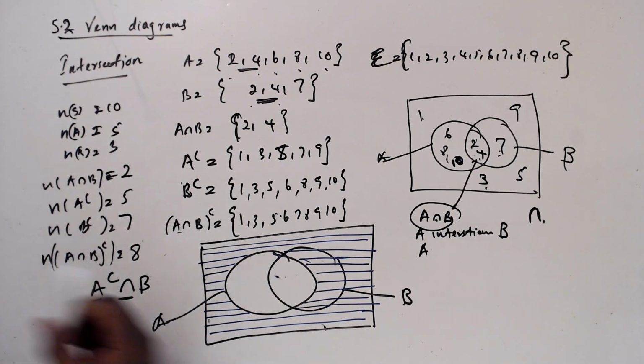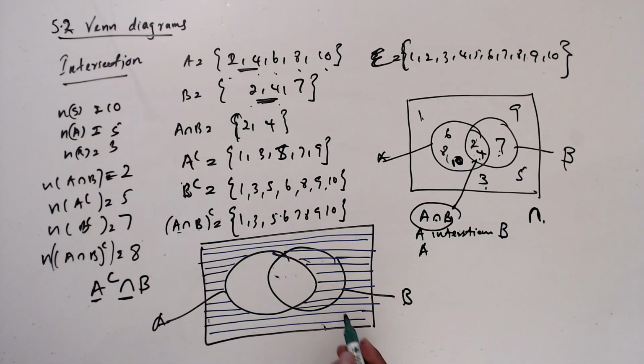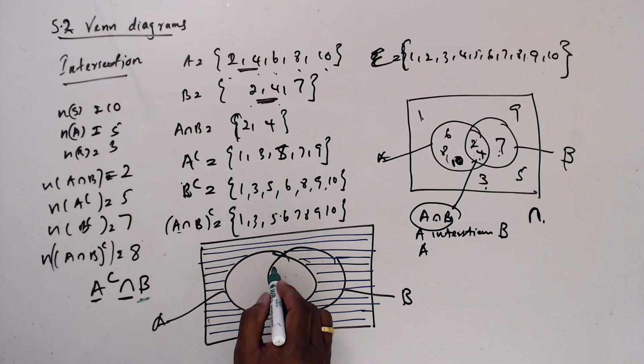Then I will mark B with a different color or pattern. So B is this.